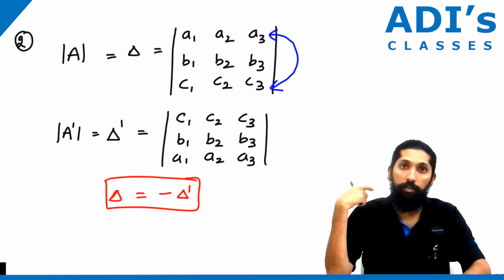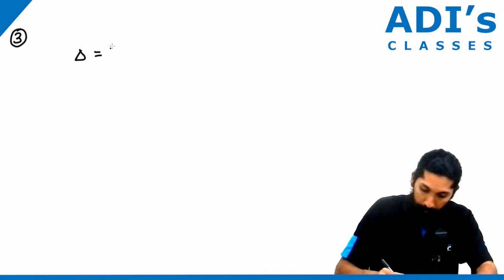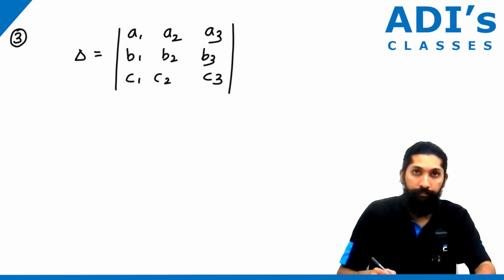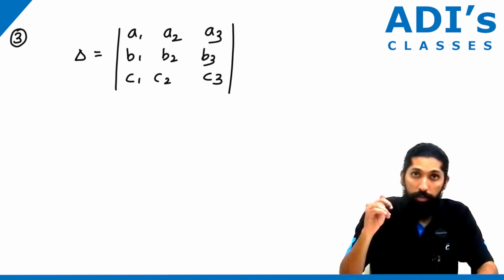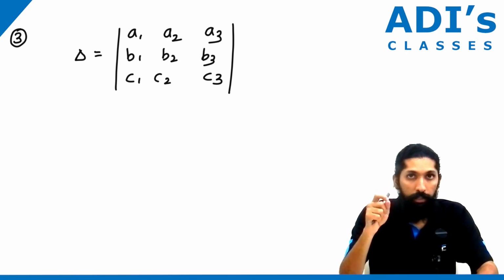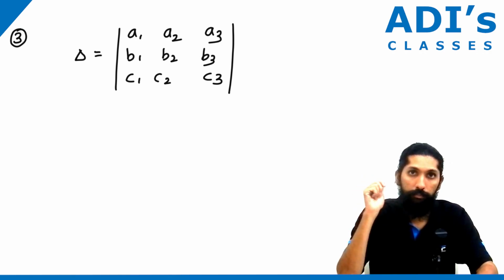Fair enough? Let's go to the third property. Suppose you have a determinant delta with A1, A2, A3, B1, B2, B3 and C1, C2, C3. Suppose two rows or two columns of the determinant are the same, then the value of the determinant becomes 0.